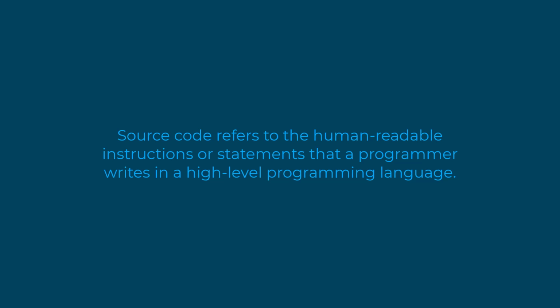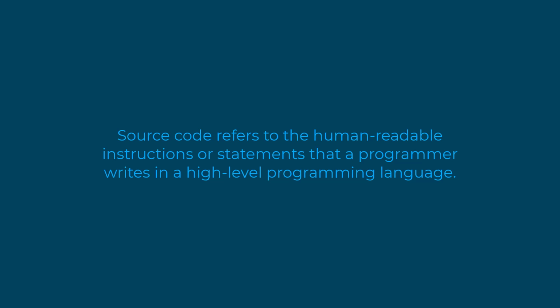High level programming language means Java, C#, Python, all these are high level languages. In the past there were assembly level languages, and there is the C programming language, which we now call a middle level language. It is human readable, a human can easily read that particular code, instruction or statement.